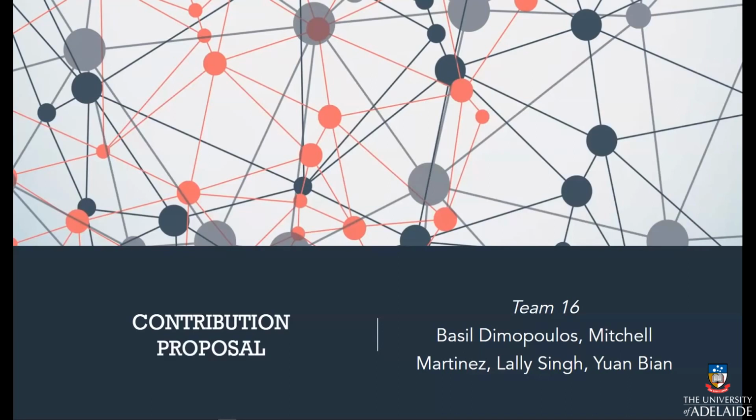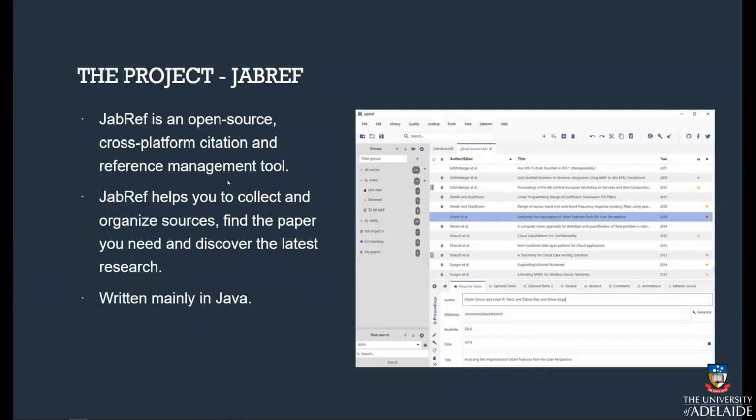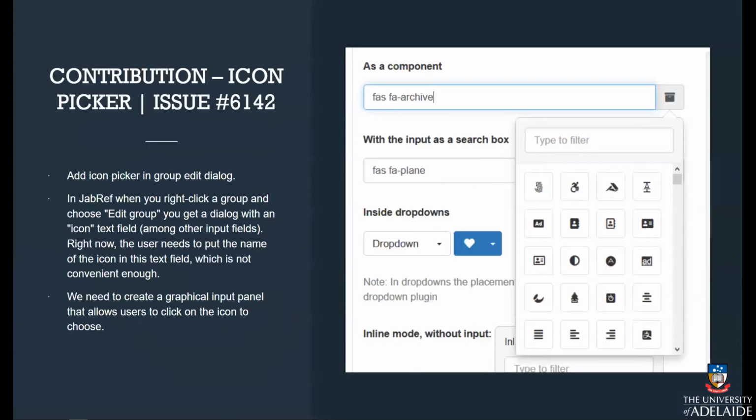Cool. So I'm Basil. I'm representing Team 16, and our issue is also on the repository JabRef, which is a citation and reference management tool. It just pretty much helps you keep track of the sources and references you're using for a paper or research you're writing, and 93% of it is in Java.